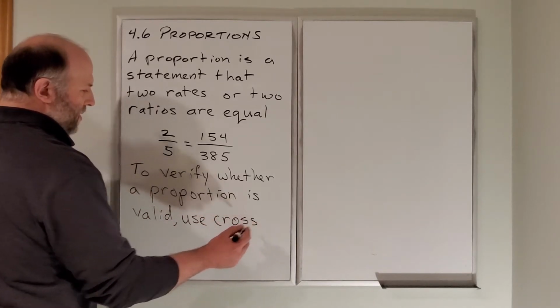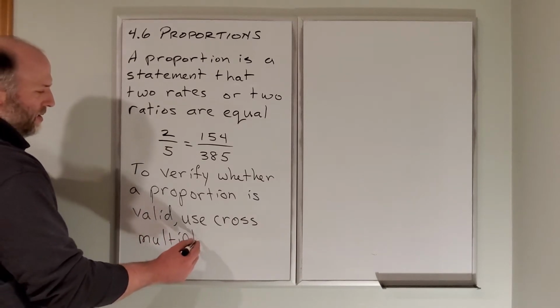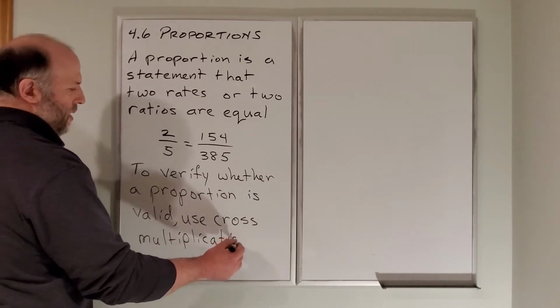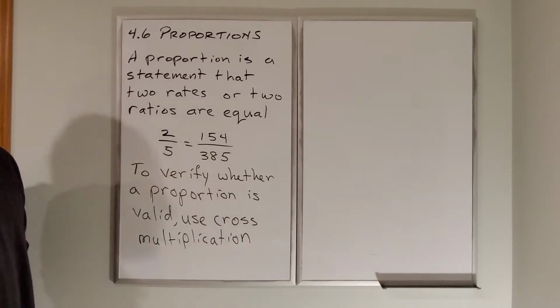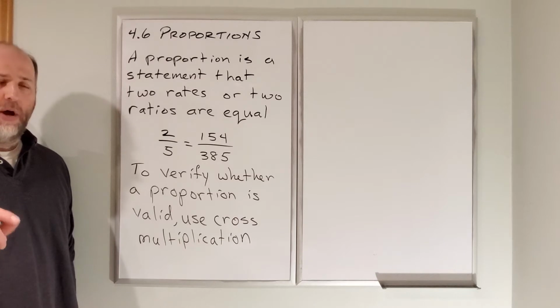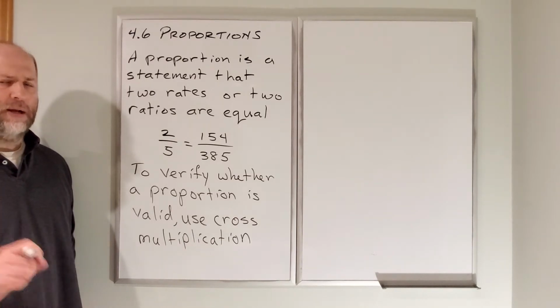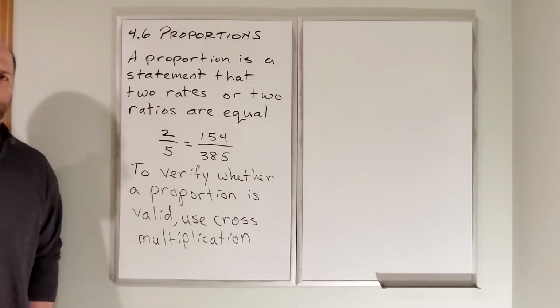Now, this is the second time we've talked about something involving the word cross in class. Previously, we talked about cross canceling. Cross canceling, if you recall, was only valid if you were multiplying one fraction by another, or you had a string of fractions being multiplied.